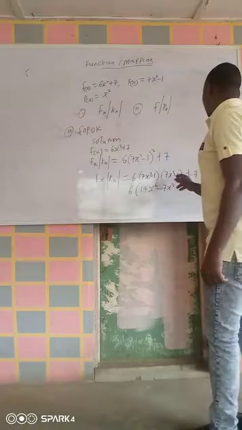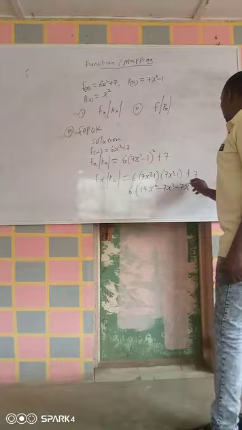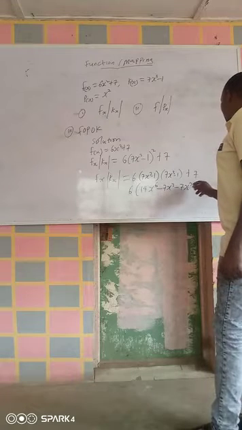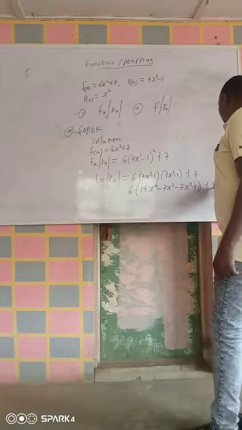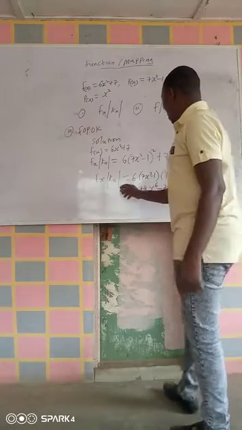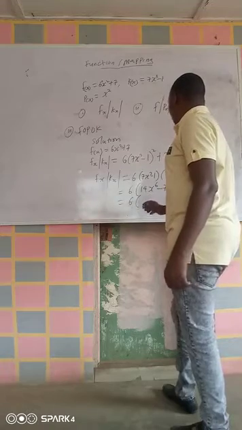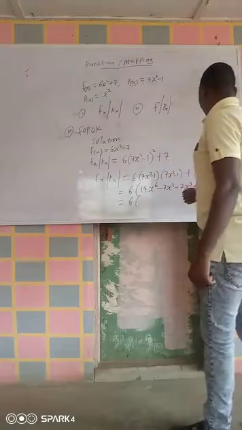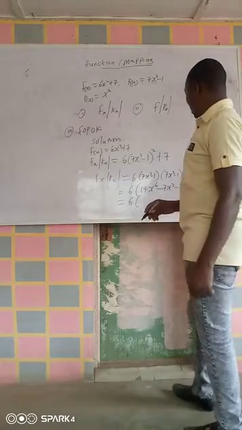So minus 1 times 7s cubed, we have minus 7s cubed. Minus 1 times minus 1, we have plus 1. So plus 7. So we are having minus 7s cubed minus 7s cubed, gives us minus 14.